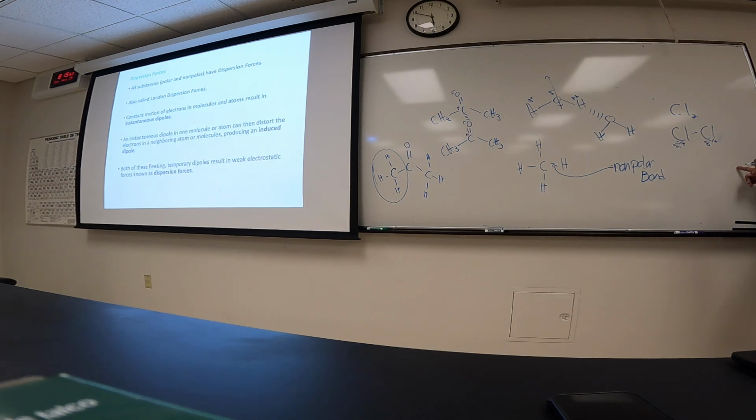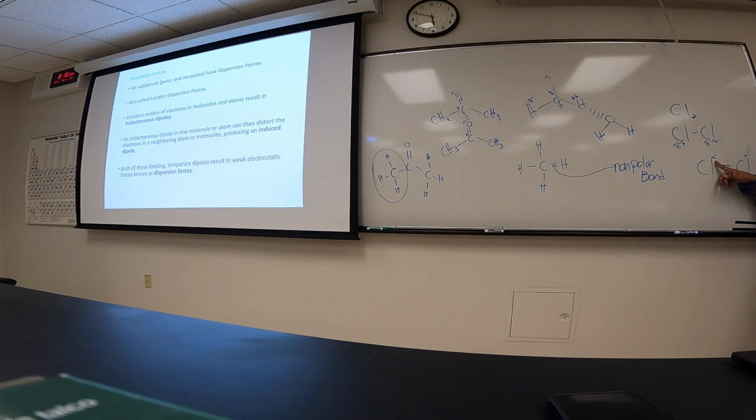As these electrons are moving around, it is possible to have the electrons shift one way, and as soon as it makes that slight shift, one of these becomes partially negative and one of them becomes partially positive.